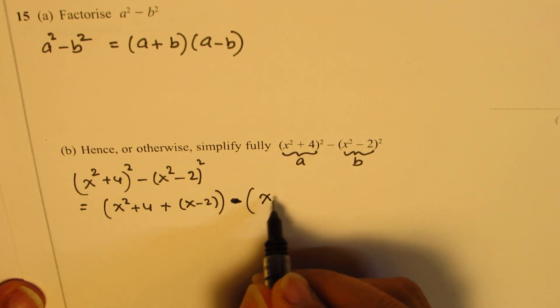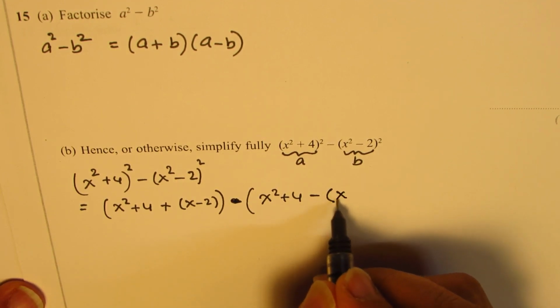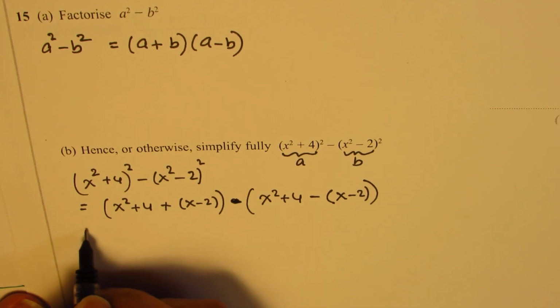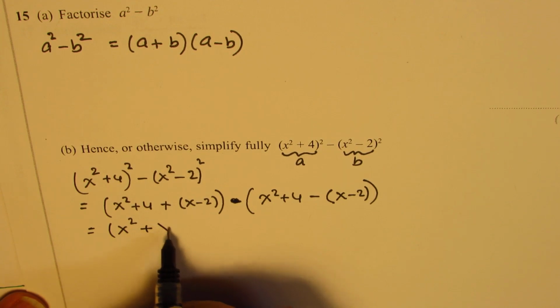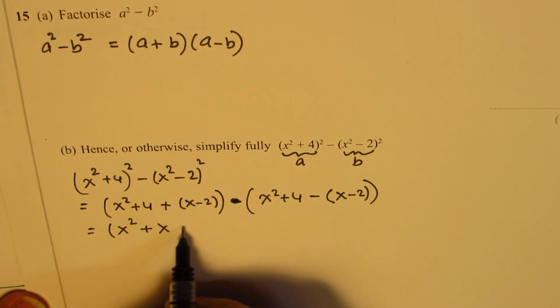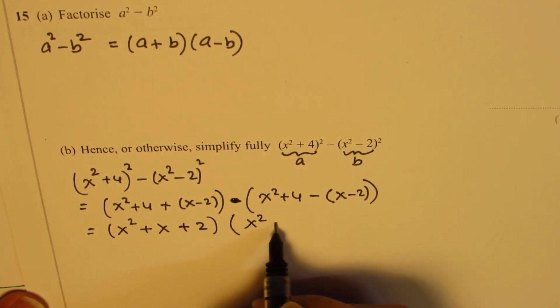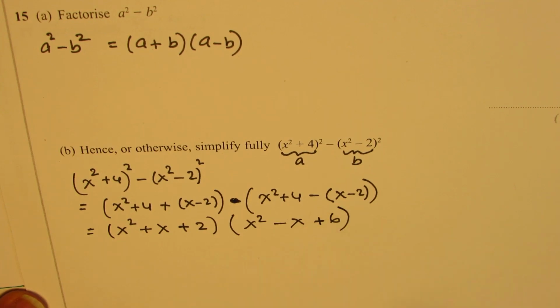So a is x square plus 4 minus the second term, which is x minus 2. Is that clear to you? Correct? So that gives us x squared plus x plus 4 minus 2 is plus 2, times x squared minus x plus 4 plus 2 is plus 6. Okay? So that is how we can factorize.